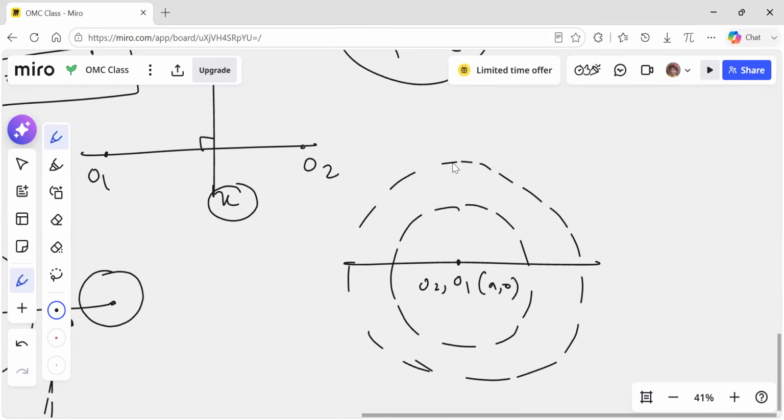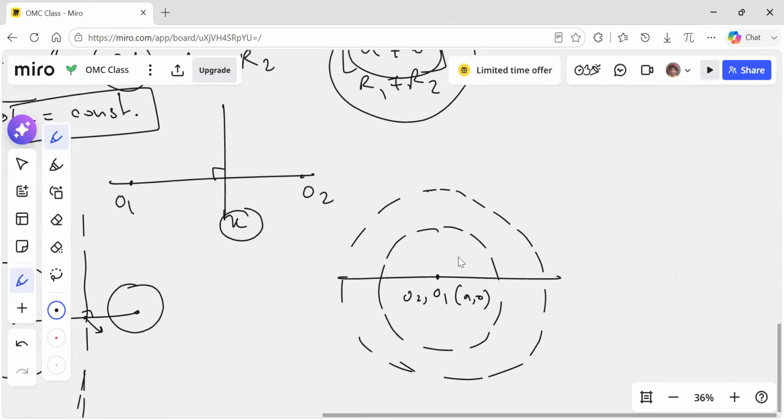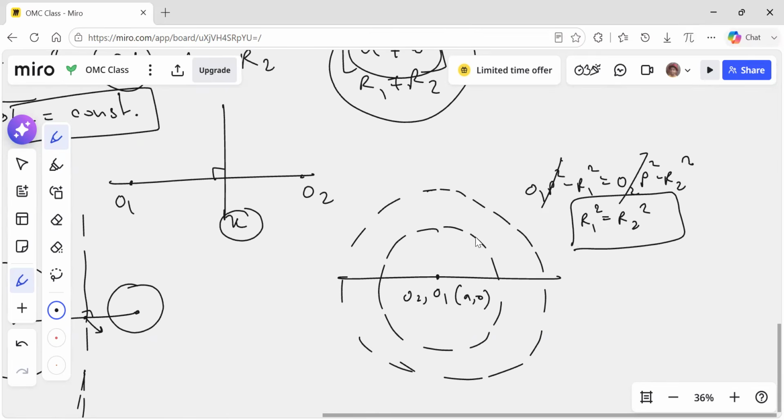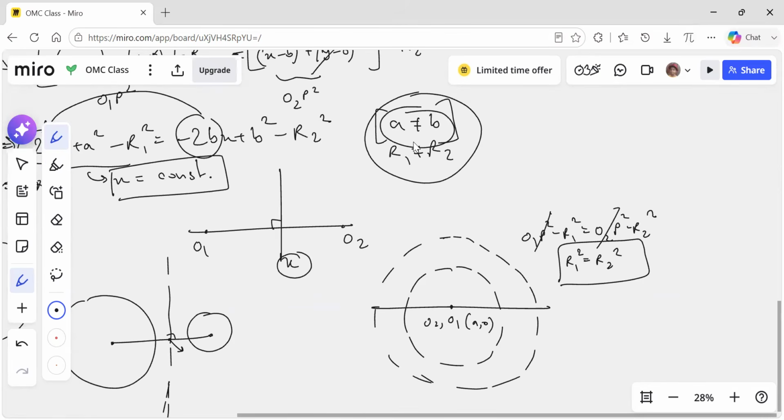In that case, I won't get a valid radical axis because O1P square minus R1 square equal to O2P square minus R2 square means these terms will be equal, so I would need R1 square equal to R2 square, which is not possible. So in the case of concentric circles, the radical axis does not exist. That's why I have to take A not equal to B while solving this one.